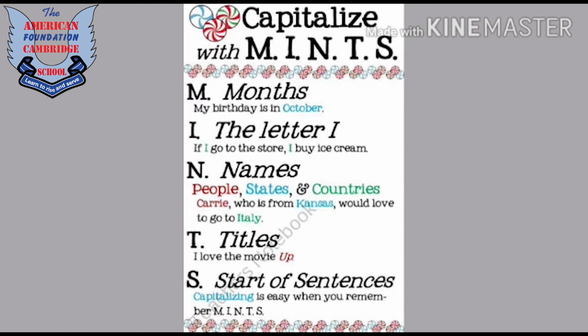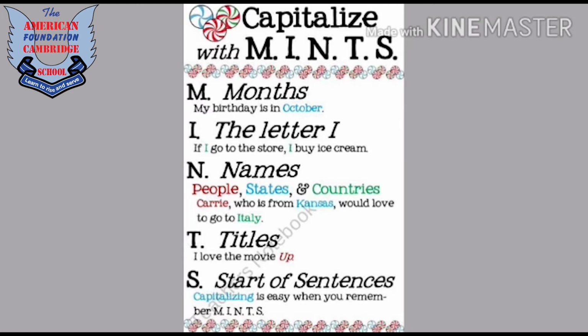Capitals are also used for names of people, states and countries. People can be any person: it can be your name, somebody you know, or somebody you do not know. Have you observed that when you write your names in your copies or books, you always begin with a capital letter?